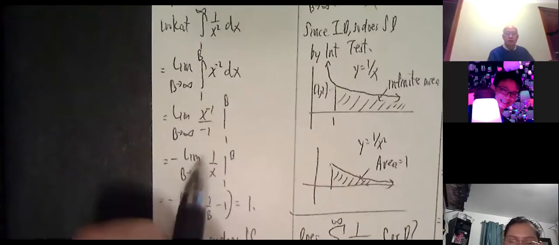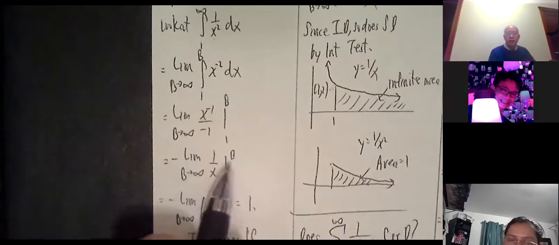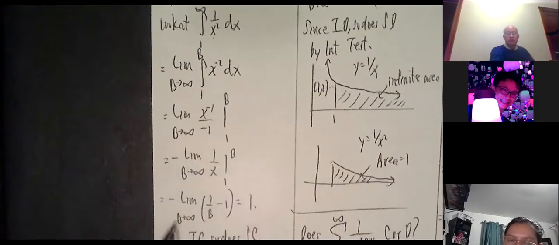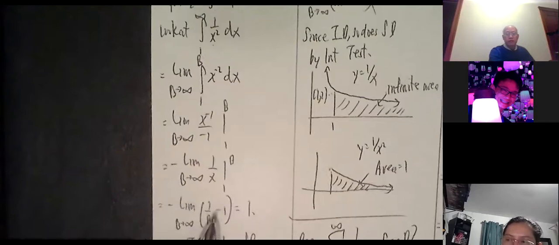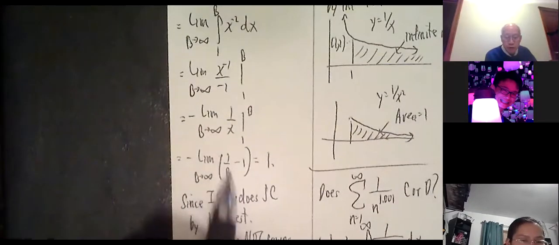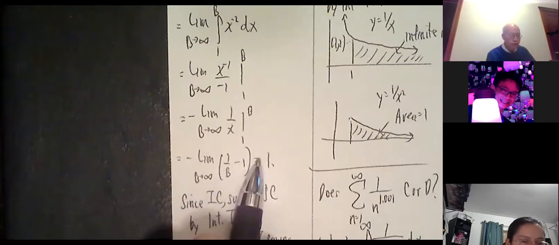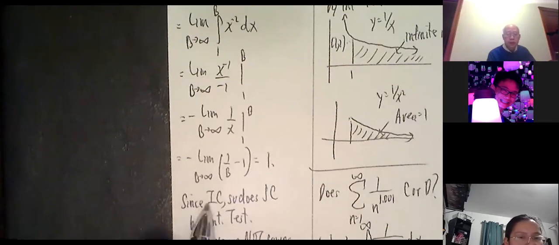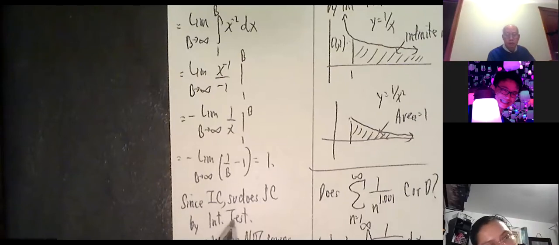The limit as b approaches infinity of 1 over x from 1 to b is the limit of 1 over b minus 1. When b gets big, this approaches 0. So I have negative, negative 1, which is 1. Since the integral converges, so does the series converge by the integral test.